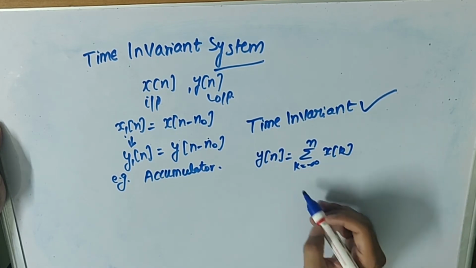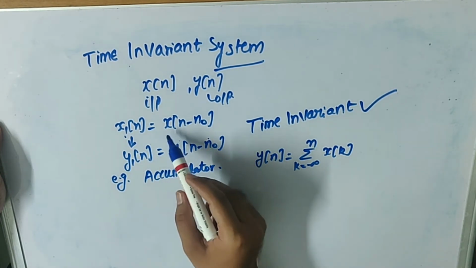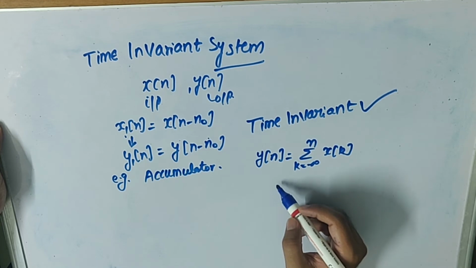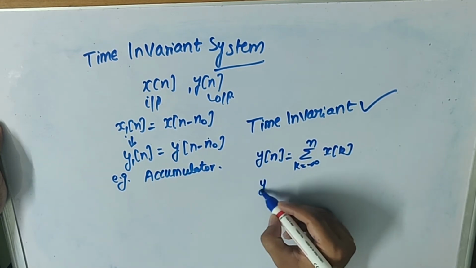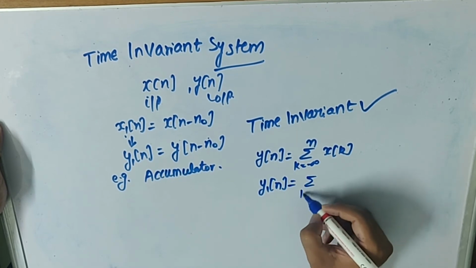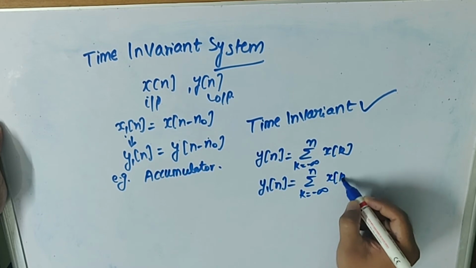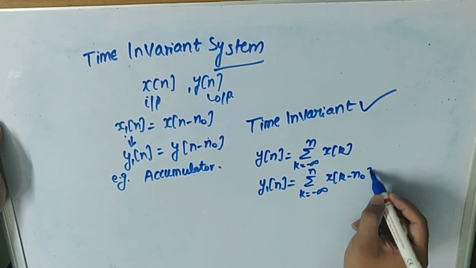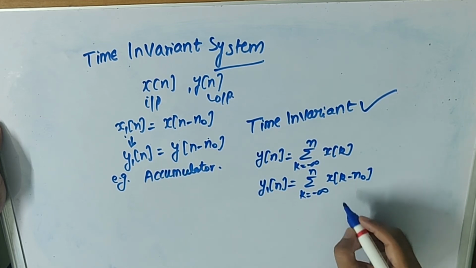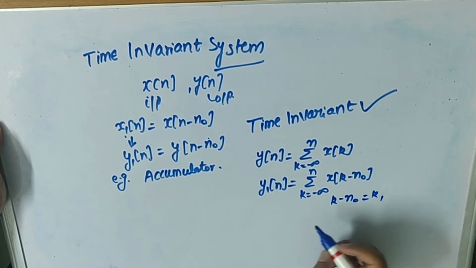Here we will first compute, if the input is x1[n], which is x[n minus n0], y1[n] will be summation k equals minus infinity to n of x[k minus n0]. Okay, cool. Let's replace k minus n0 by k1 here.